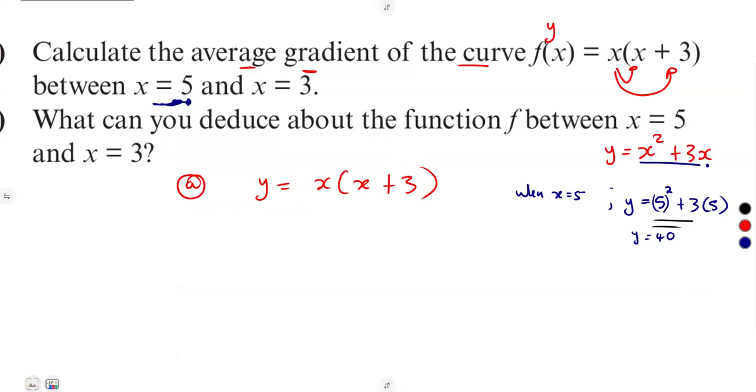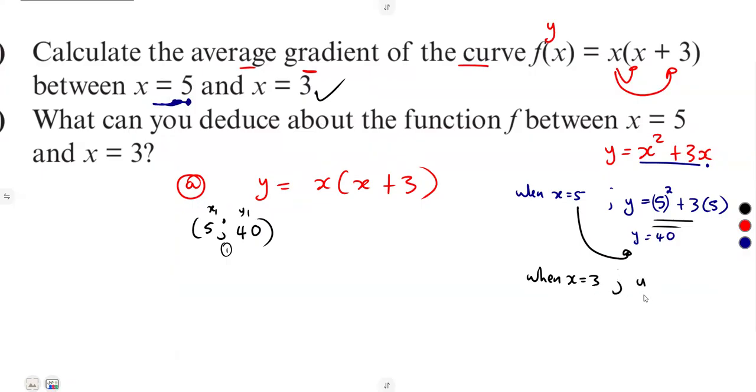So that's a point we now have: when x is 5, y is 40. That's our first point, (x1, y1). The second point is when x is 3.